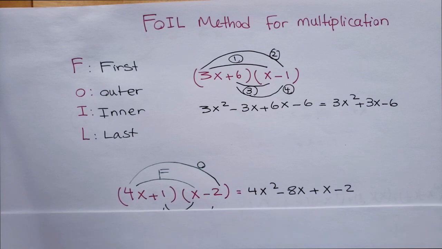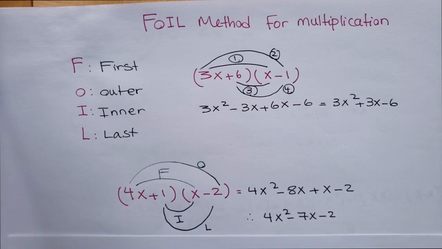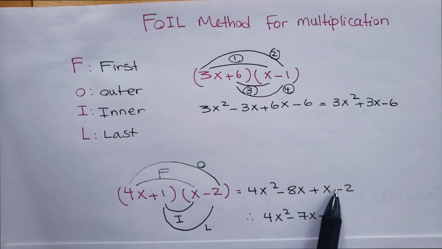So let's do a couple of examples. The first bracket, 4x plus 1. The second bracket, x minus 2. Let's start with the FOIL. First, it's 4x times x, 4x squared. Then O would be 4x times -2, which is -8x. Now the I and L are the inner terms, 1 and x, which is x, and then 1 and -2, which is -2.